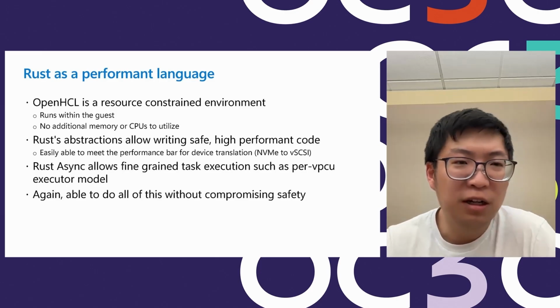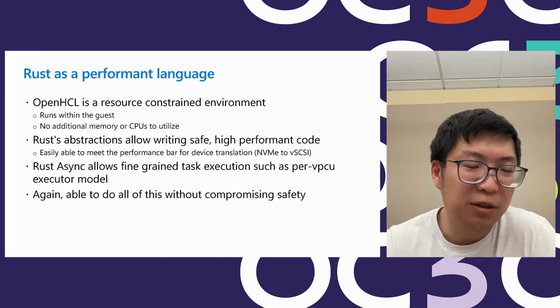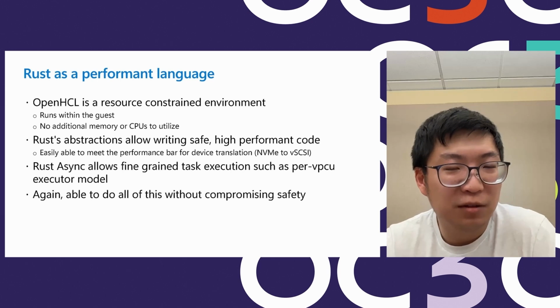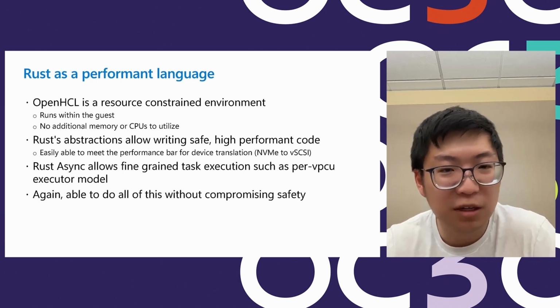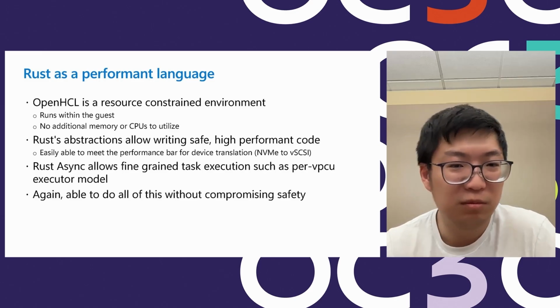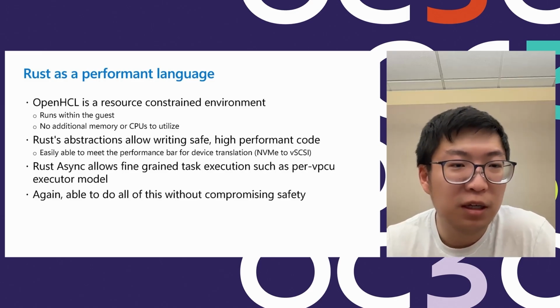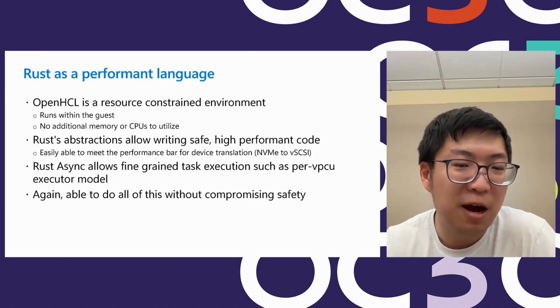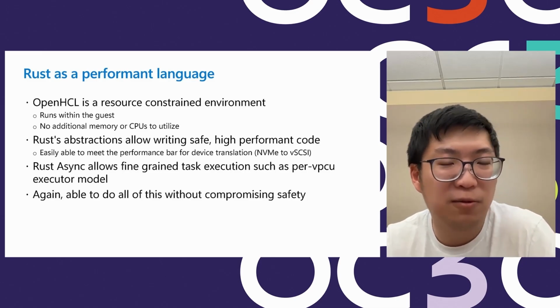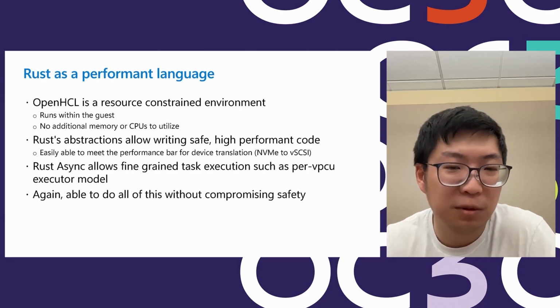One thing I just want to call out, I won't talk about it more here, but we do use Rust async to give us even more flexibility around runtime with user mode scheduling, because we want to write as much of our code in user mode. And Rust as a language has given us the power to both be safe and performant, right? Which is ultimately what we want.